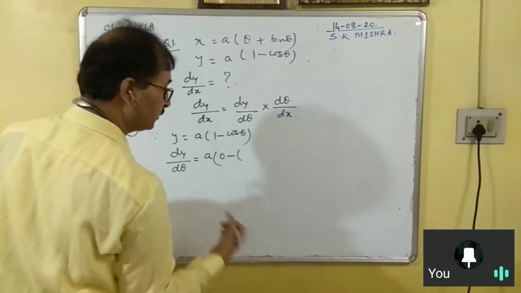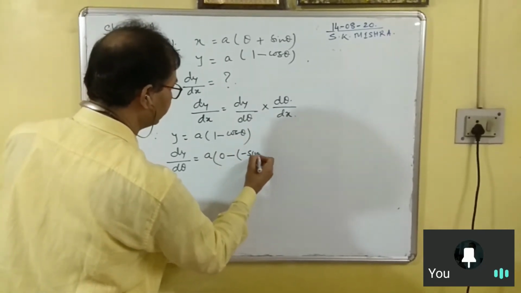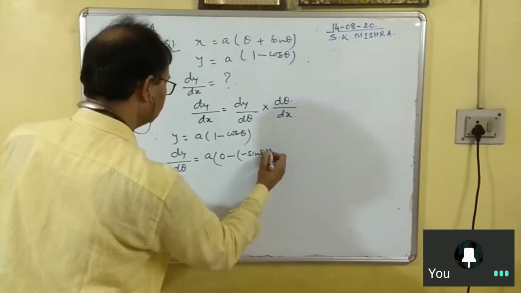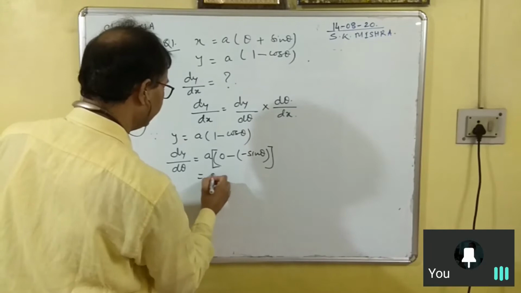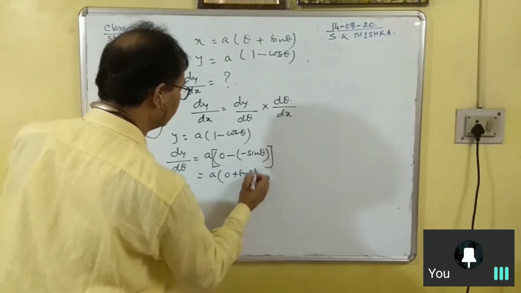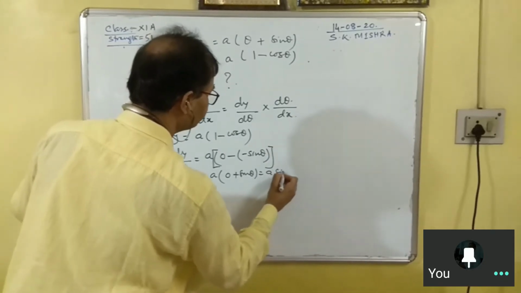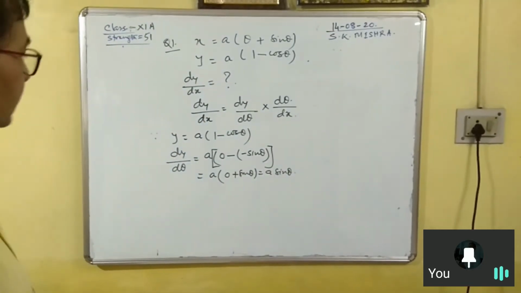I told you in the previous lecture, cos theta differentiation is minus sin theta. Close it by a bracket, and then a, and this is 0 plus sin theta, that is a sin theta. This way you have derived the relation dy by d theta.